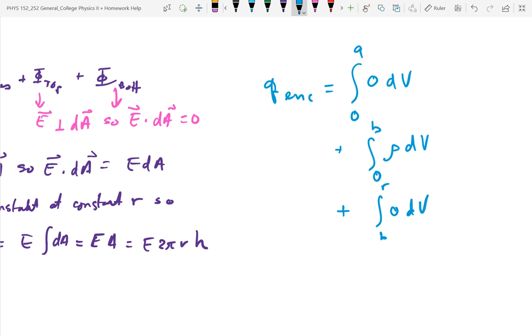Now that would be the charge enclosed if R is greater than B. If R is less than A, what's the charge enclosed? It's 0 because we haven't gotten to where the charge is yet. So I'm only going to have an interesting integral between A and B. And whoops, I put a 0. That should have been from A to B right here. That's the only integral that's going to be interesting.